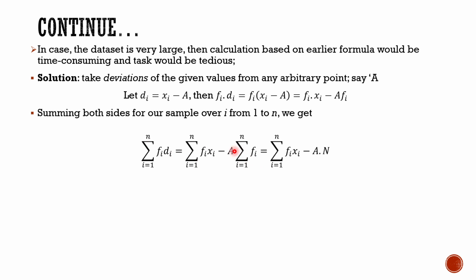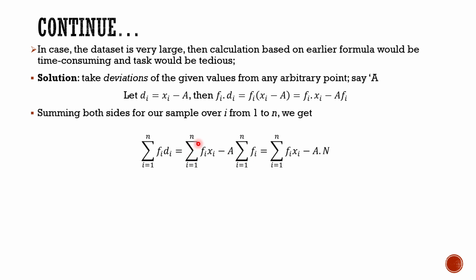Why am I taking a outside? Only because it's a constant, and we do not have to go for the summation of this. We just multiply it by the summation of fi.